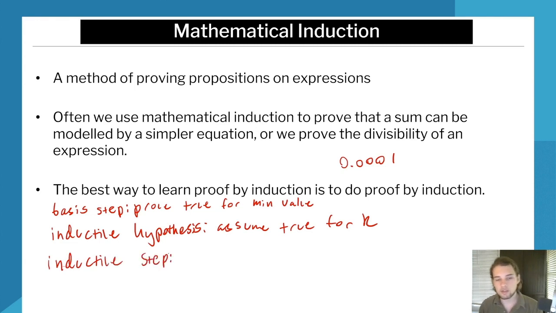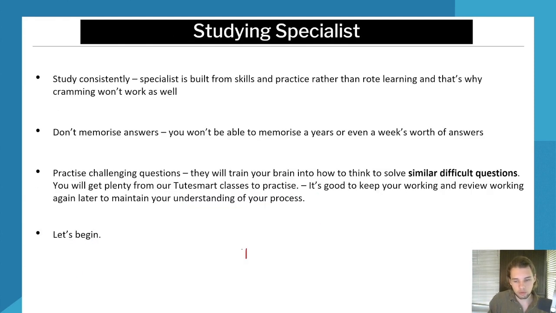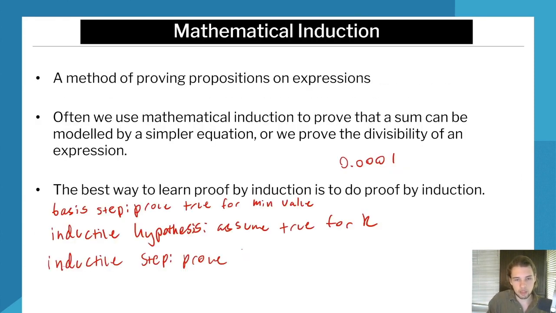So in the inductive step, we basically say, okay, if it is true for k, then we can prove true for k plus 1. Now what this means is we've proven for the minimum value. Then we can say that if it is true for k, k plus 1 is true. So that means we have the minimum value.